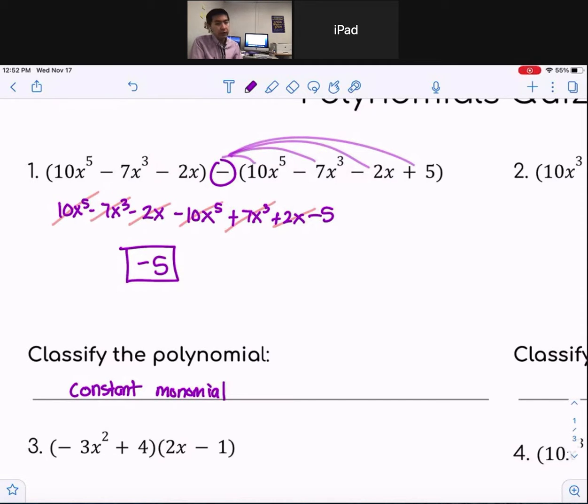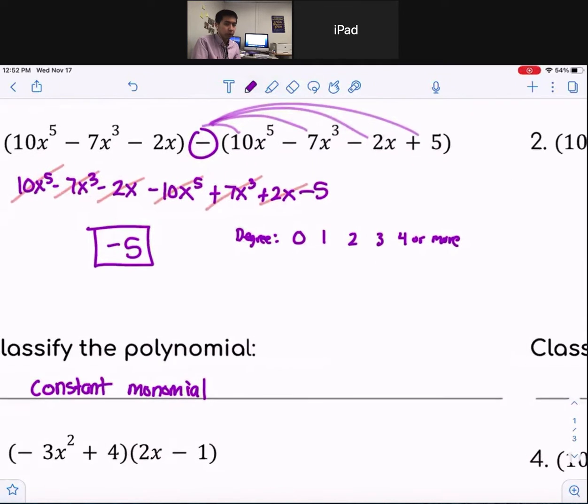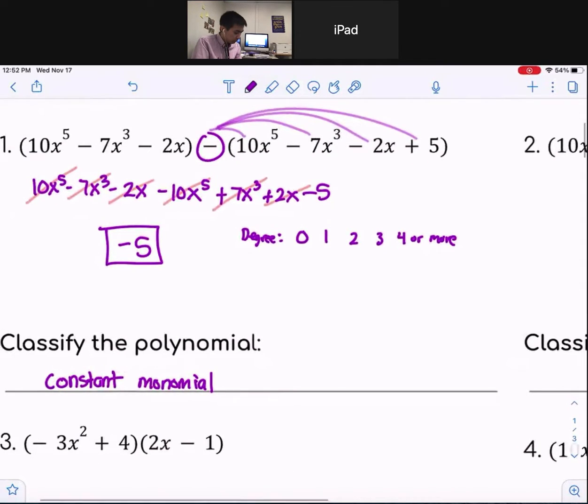So if you did not know about classifying by degree, it goes 0, 1, 2, 3, and then 4 or higher. If it's 0, this is what we call a constant.